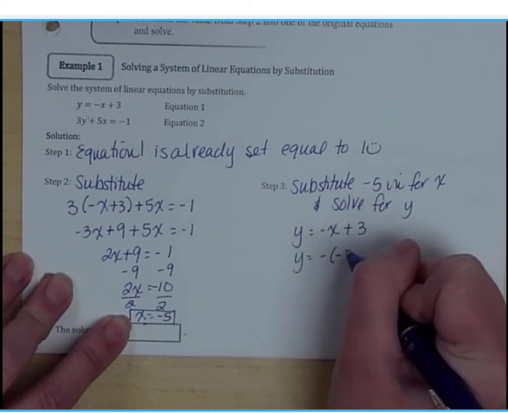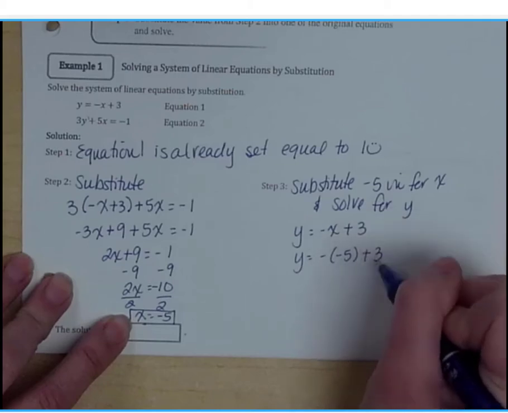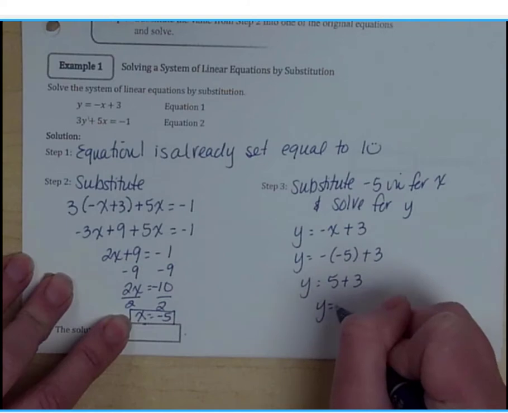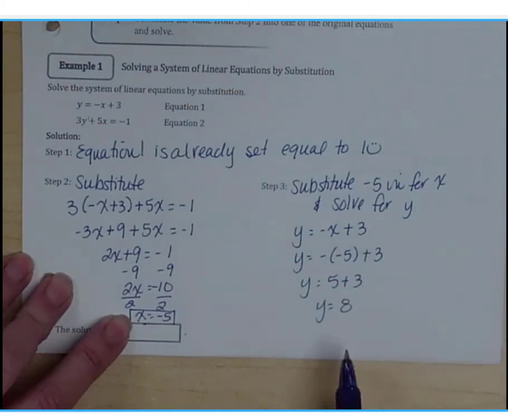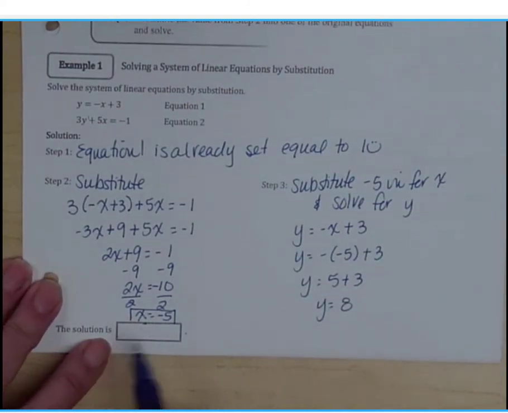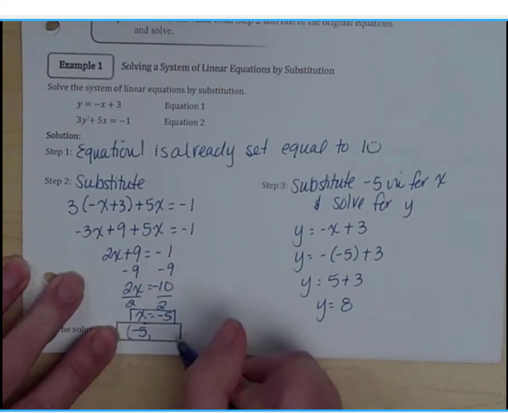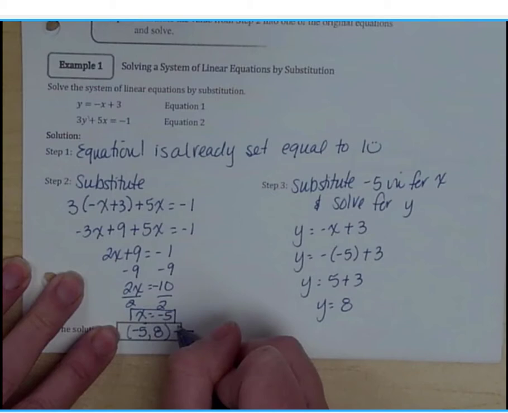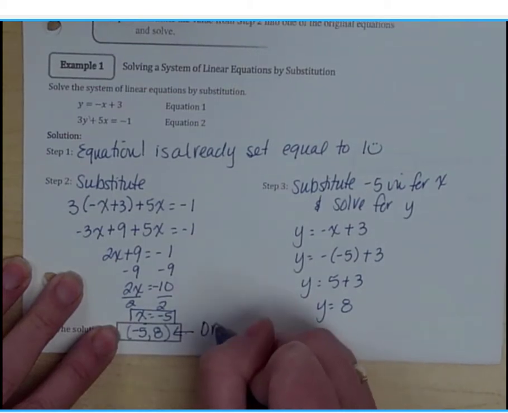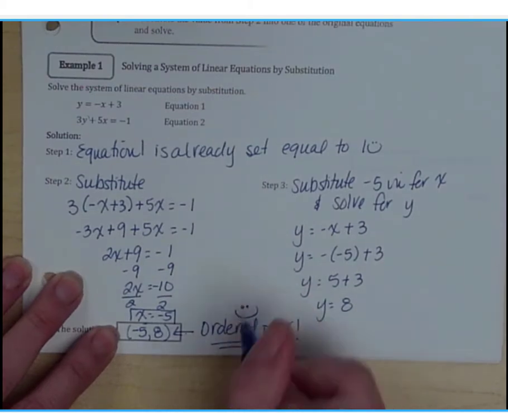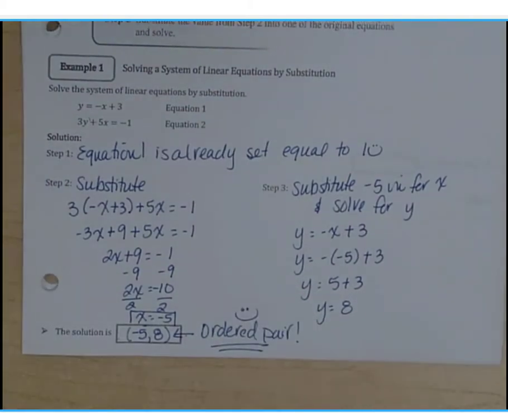Y equals the opposite of negative 5 plus 3. So y equals 5 plus 3. So y equals 8. Now, what is my final answer here? My final answer is always written as an ordered pair. Negative 5, 8. Always write your answer there as an ordered pair.